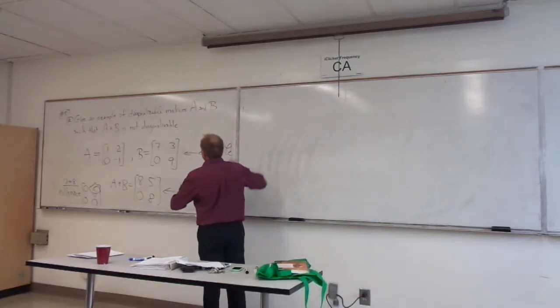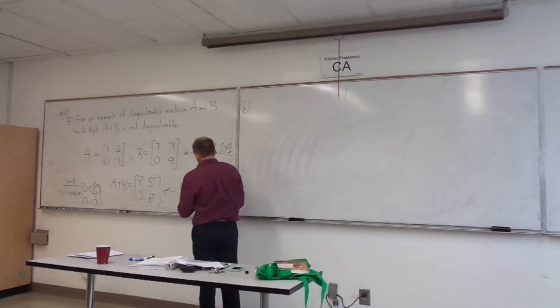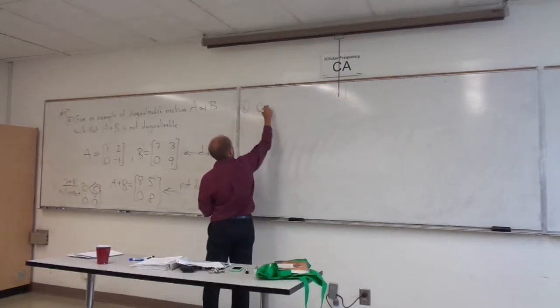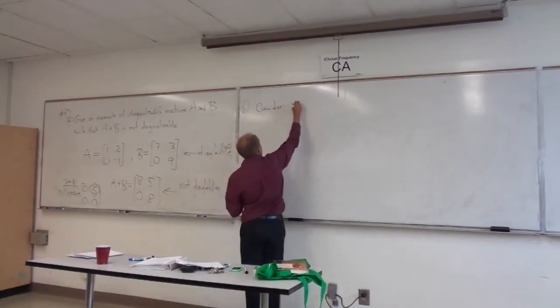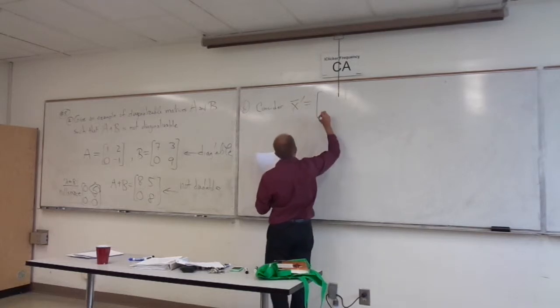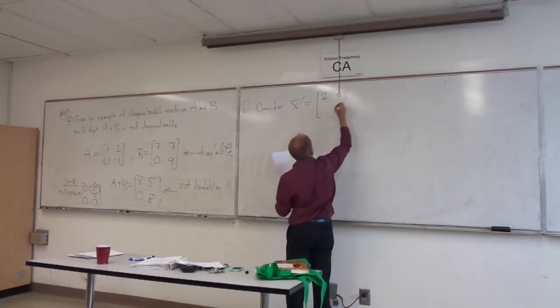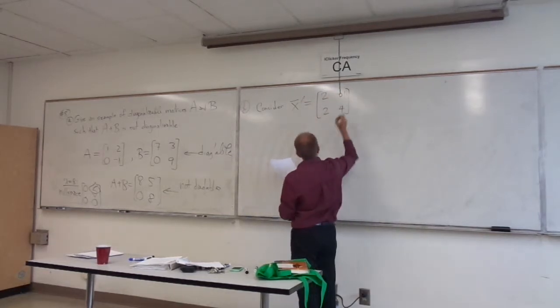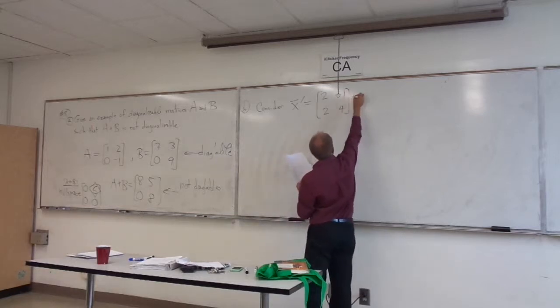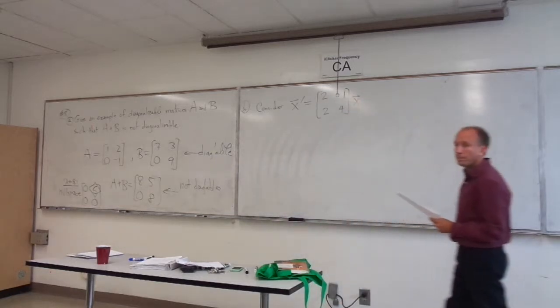Okay, so this will be part B. So I'm going to give you a linear system this time. x prime equals, and it's also a 2 by 2, 2, negative 1, 2, 4, and x.